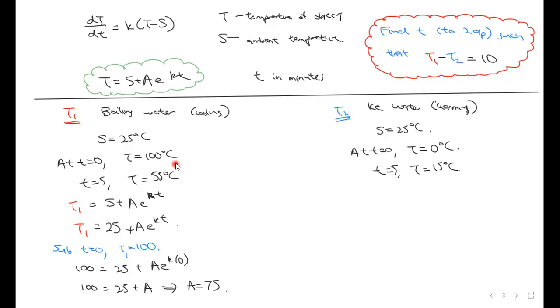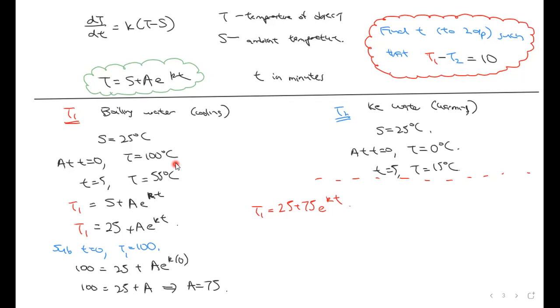And then I'm going to use that information to now update my equation. So T1 is now actually equal to 25 plus 75 e to the kt, right? Because that's what we just worked it out to be. Now I would formally use my second bit of information over here.